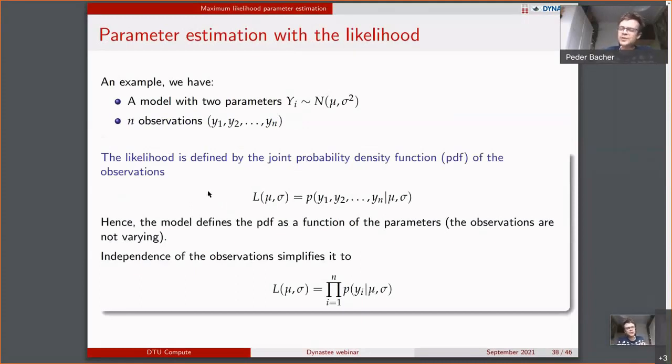But what we're using for estimating the parameters in these greybox models is what we call likelihood theory, maximum likelihood, and it basically means that given a model and given a set of data, we find the parameters which maximize what is called the likelihood function.